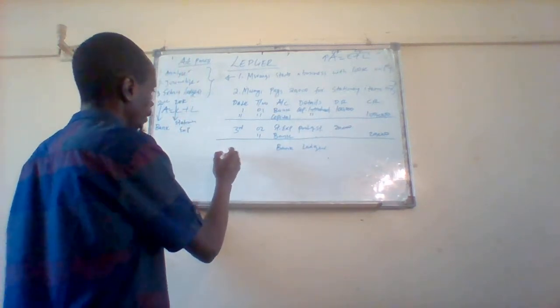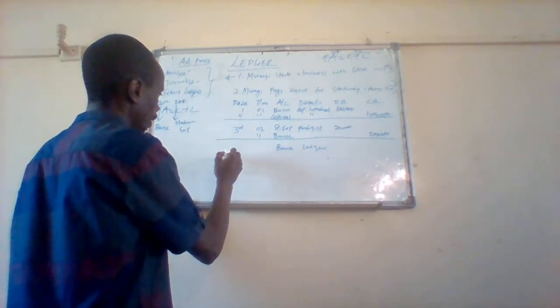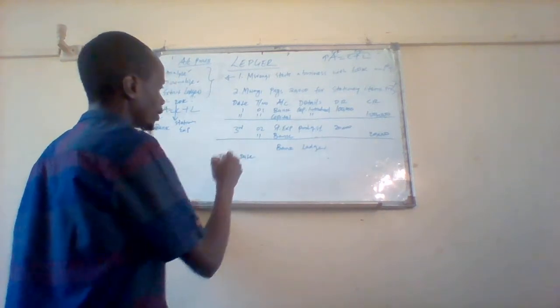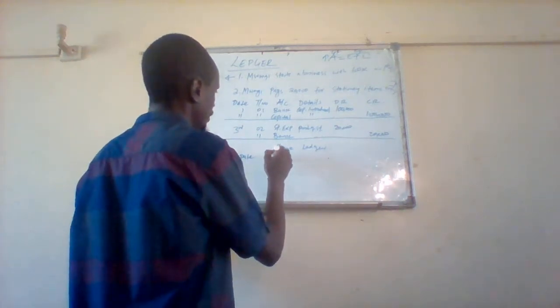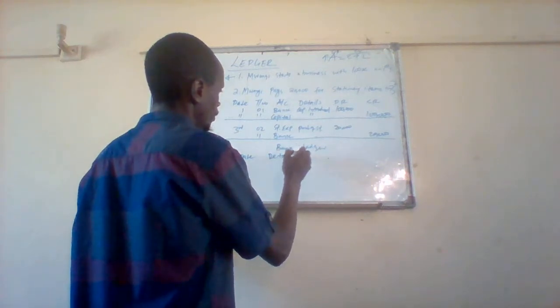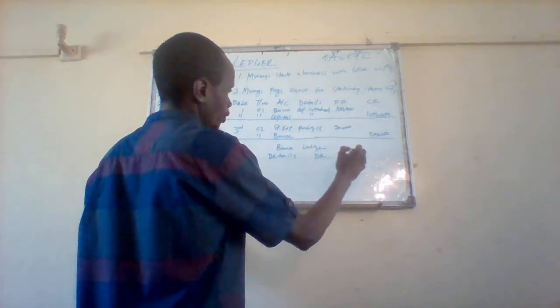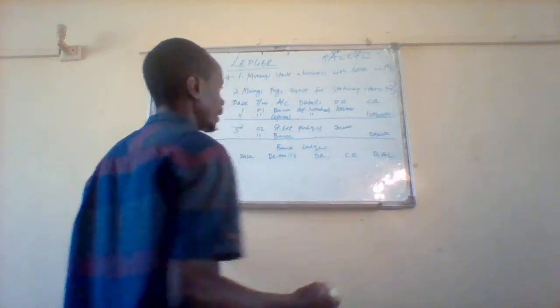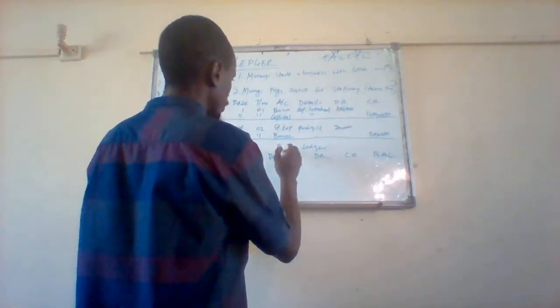We will have transaction number, original number. We have date. We will have details. We will have debit. We will have credit. Then we will have balance because it is a page that shows the running balance.